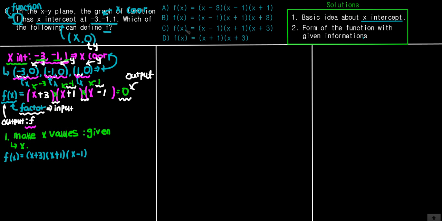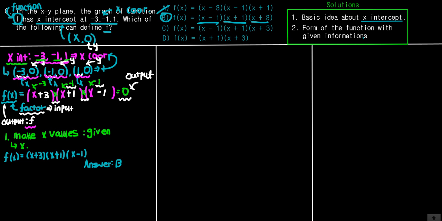If you look at our choices for this question, we can figure out that for -3 we need a +3, so we can cancel it out. For the next one, x minus 1 is satisfied, x plus 1 is satisfied, and lastly x plus 3, which means B should be our answer for this question.